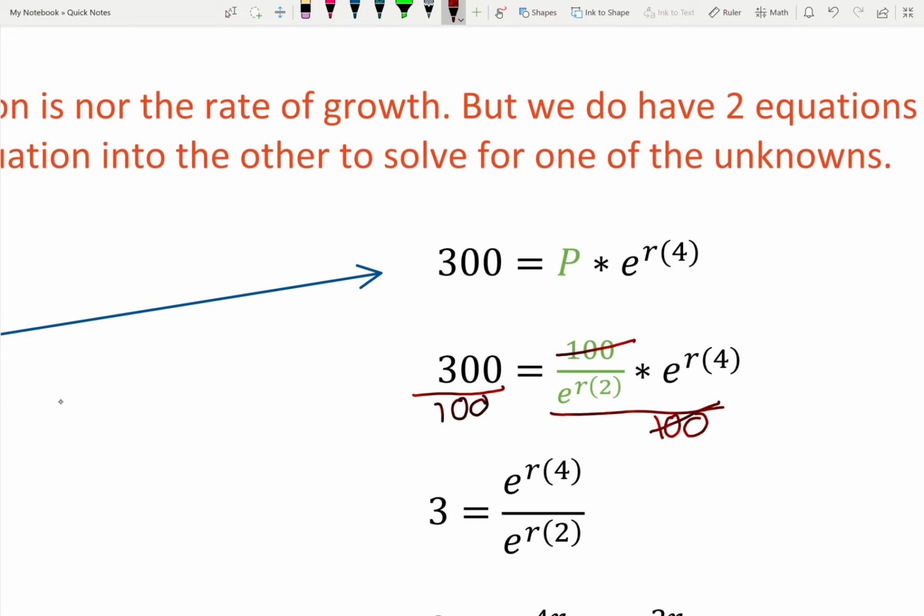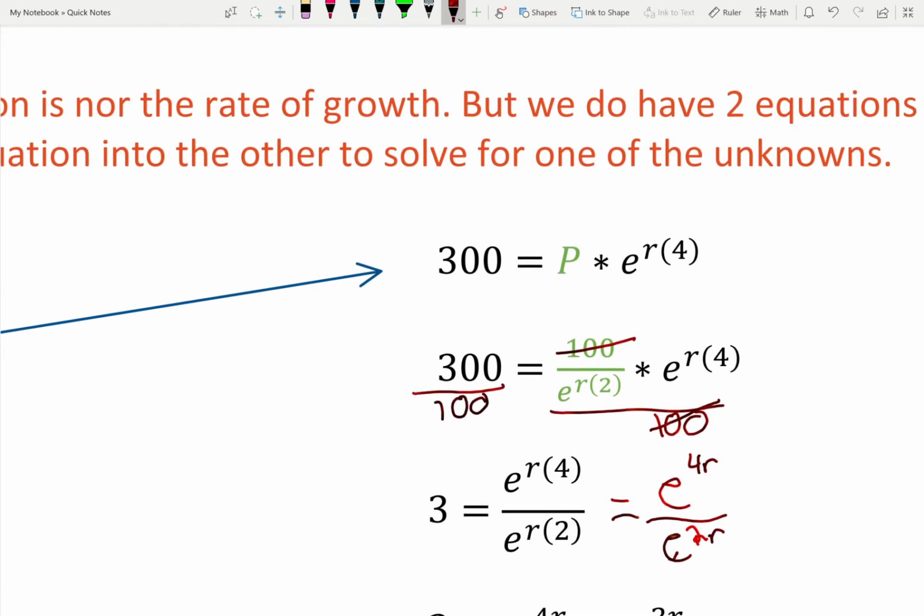It might make more sense if I wrote it like this, because we're used to seeing the numbers in front of the variables. That should be an e to the 4r. Okay, so maybe that form is a little bit more user-friendly. We're able to see what's actually happening.